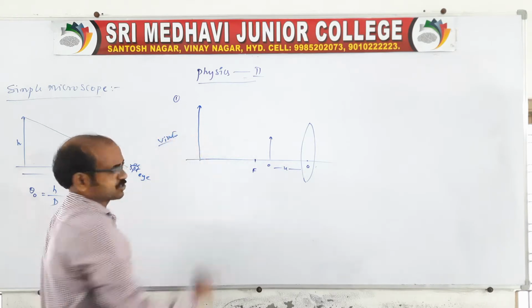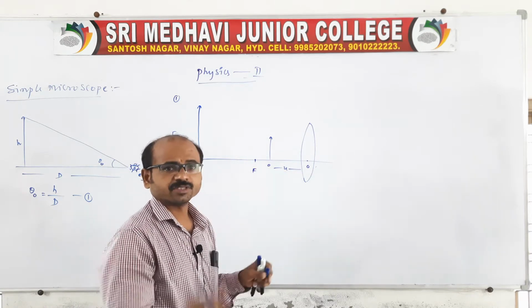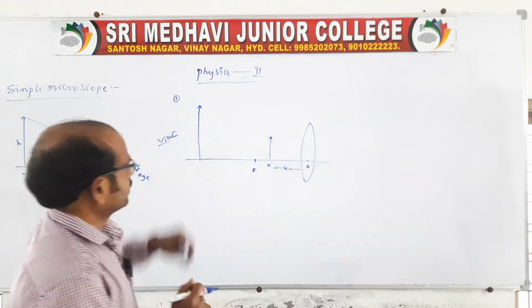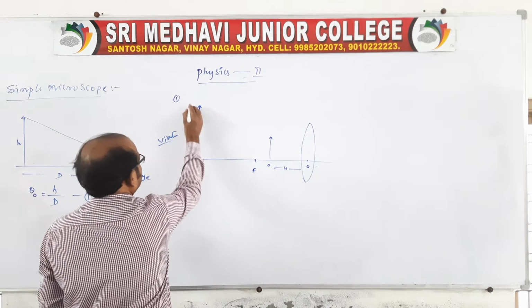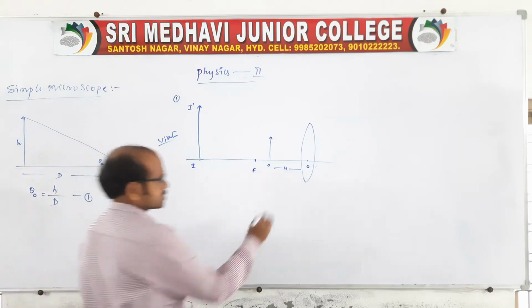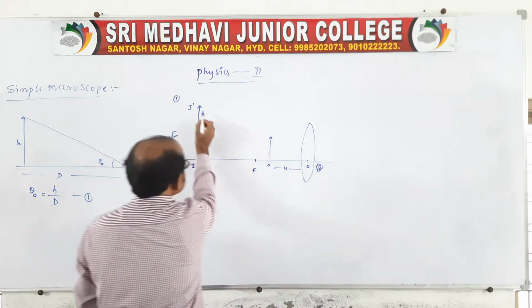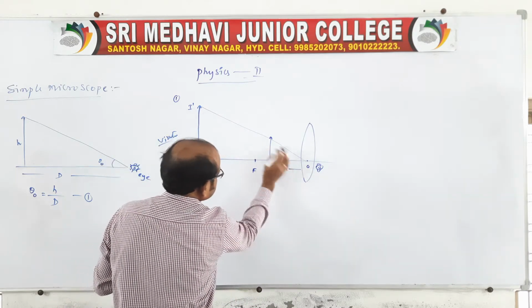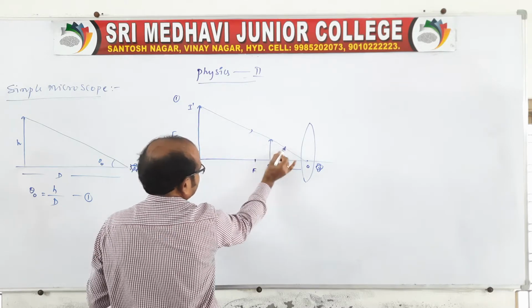It is a virtual image because the object is between the focus and the optic center. Therefore the image will be formed like this. I dash is the image. Let us draw a ray, because our eye is at the optic center, and the image is formed like this.